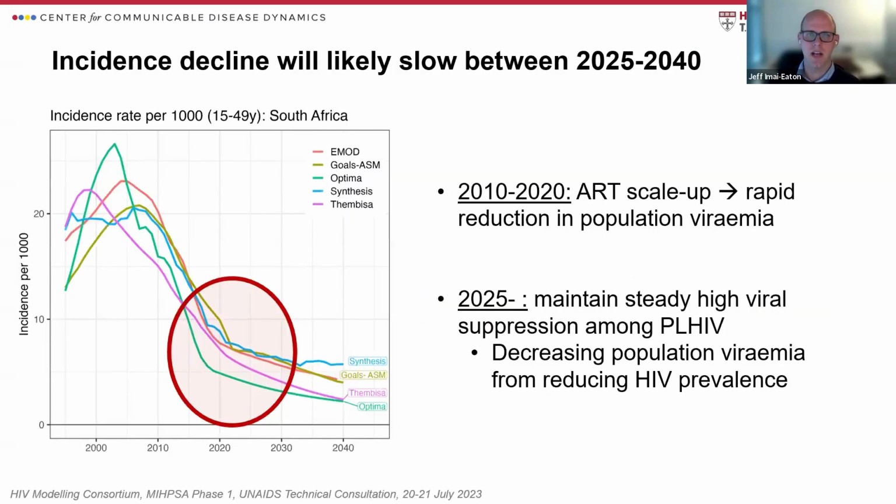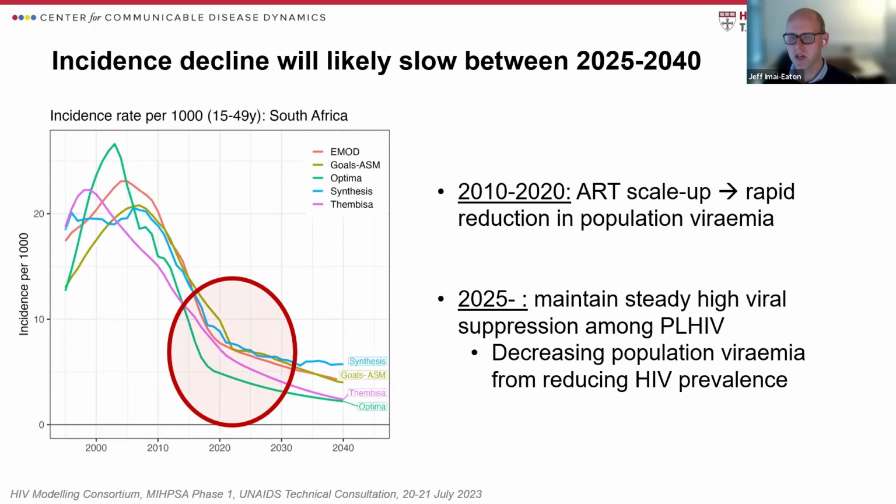And in terms of understanding the reason for that change in the rate of incidence decline, it's helpful to reflect on how the proportion of the population with HIV viremia is changing over time and what's driving that change. So from 2010 to 2020, we had really rapid ART scale up that led to rapid reductions in population viremia that drove down incidence very quickly.